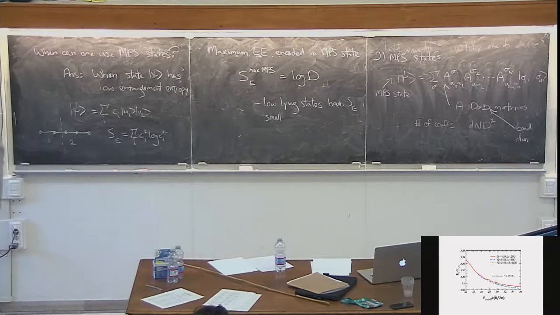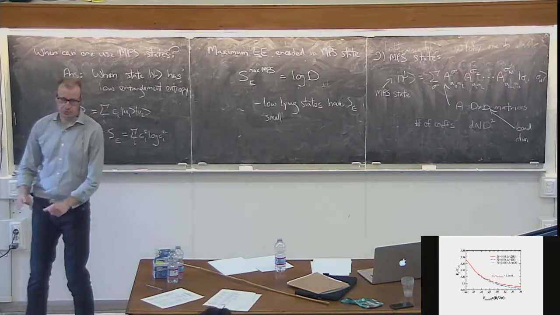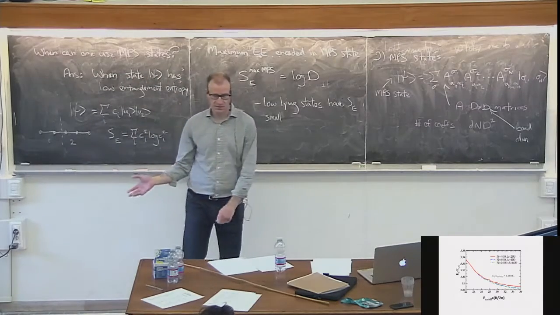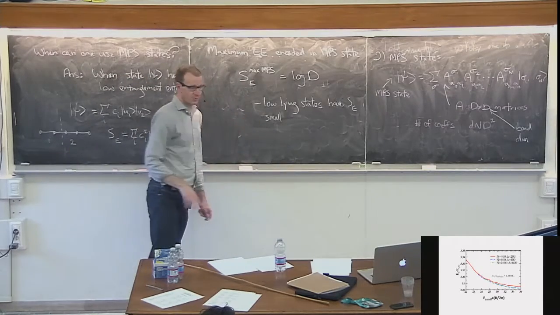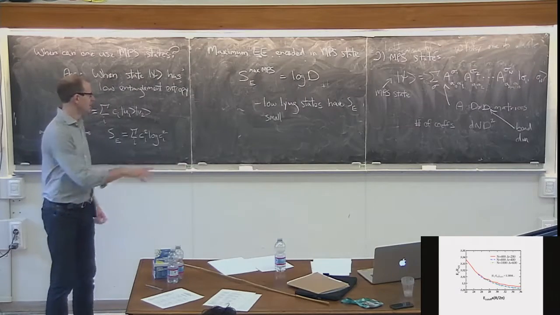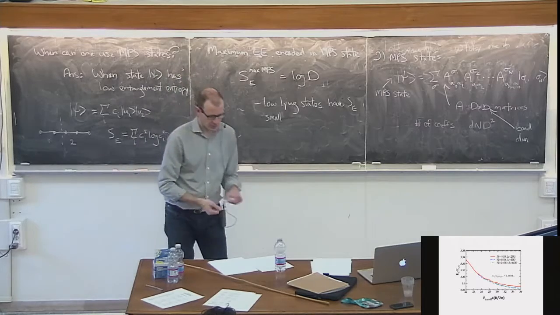If you go mid-spectrum, if you look at some arbitrarily high-energy state, then your entanglement entropy is going to be very large, and MPS states can't be used. But for the ground state and the first few excited states, which is primarily what we're interested in, the entanglement entropy is small.